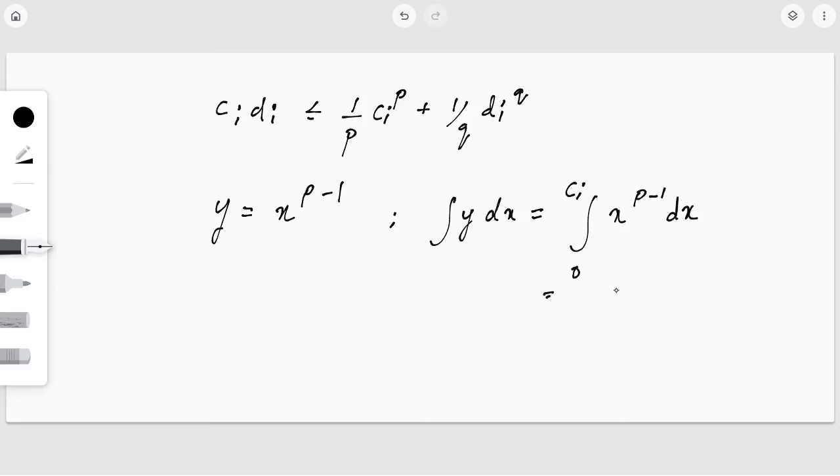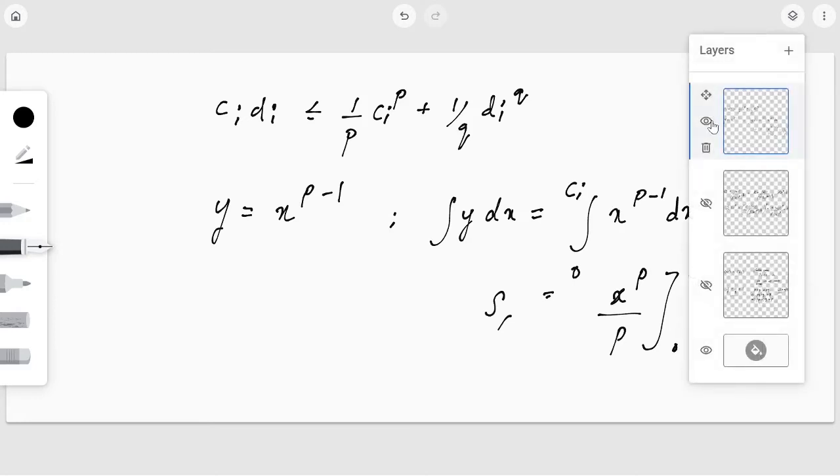What will be this value? This will be x raised to p whole by p from 0 to ci. The value is ci raised to p by p, and we denote this by s1. So we have s1 is equal to ci raised to p by p.